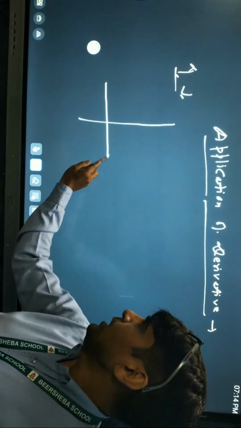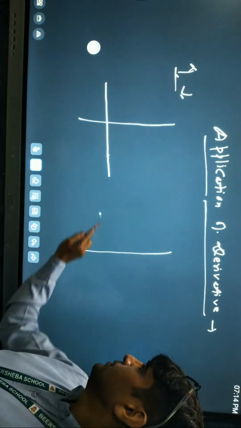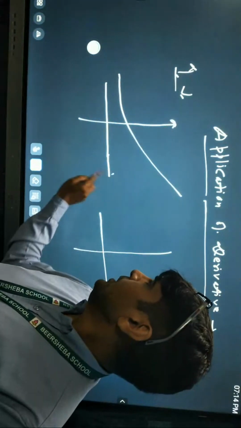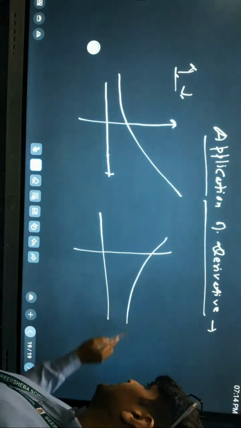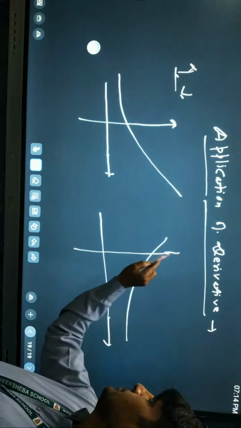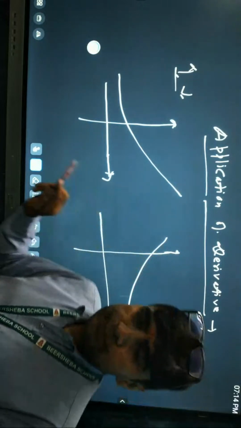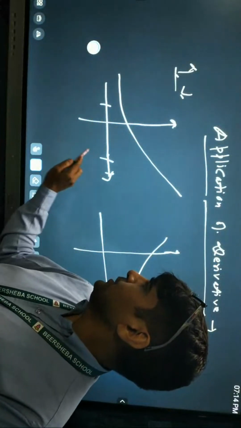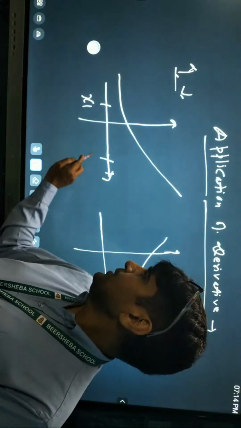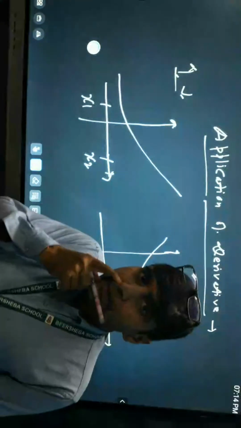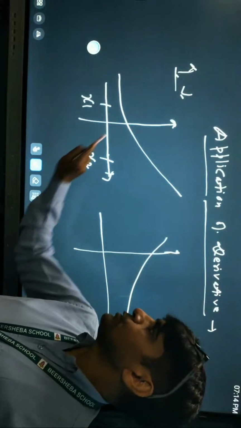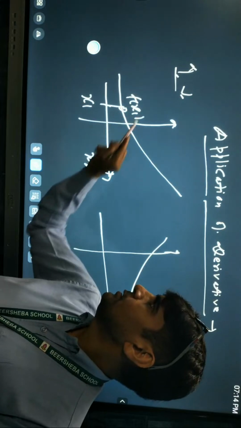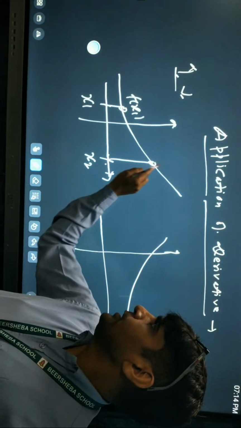We draw two graphs here. First graph like this, and another graph is like this. In this graph, we choose 2 points. Suppose first point here and another point is here. This is x1 and this is x2. This is the functional value at the point x1, and this is the functional value at the point x2.